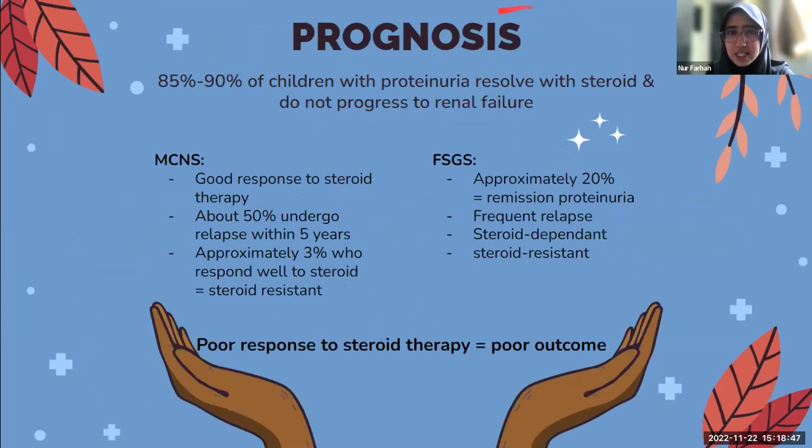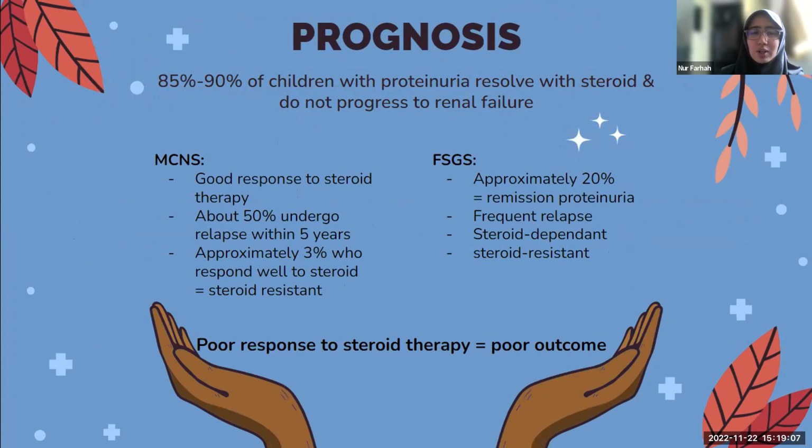Okay, for the prognosis, approximately 80% to 90% of children with proteinuria resolve with steroid and do not progress to renal failure. So the key point here for nephrotic syndrome is that once the patient has a good response to steroid therapy, it will lead to good prognosis.